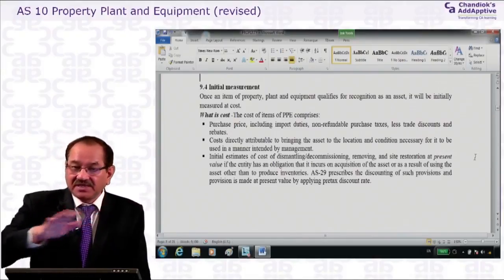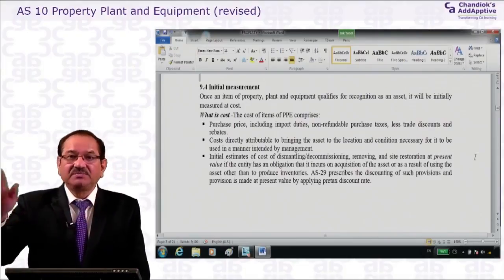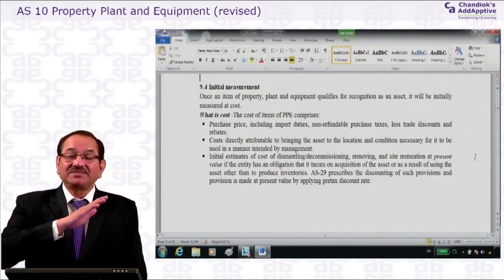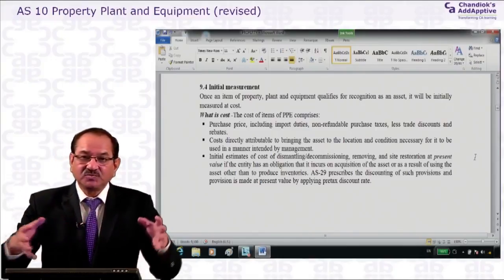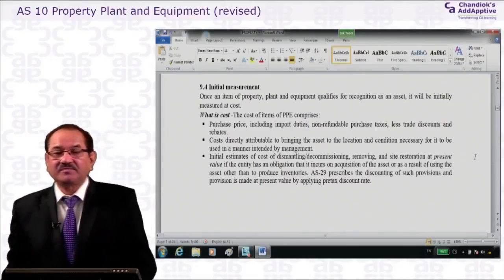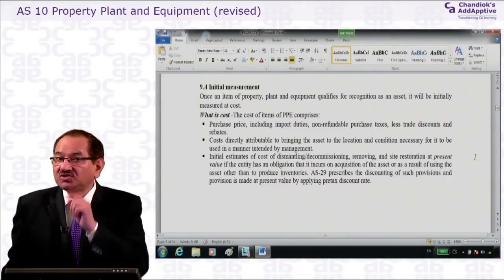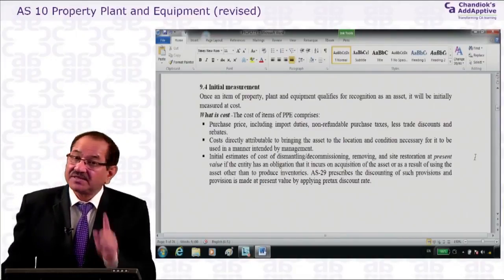Means you have to dismantle, you have to demolish the factory building, you have to dismantle your plant, and the land has to be restored to the original shape. That will cost you 10 crores after 30 years.